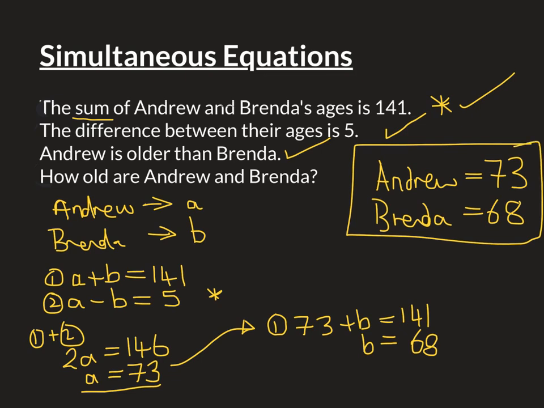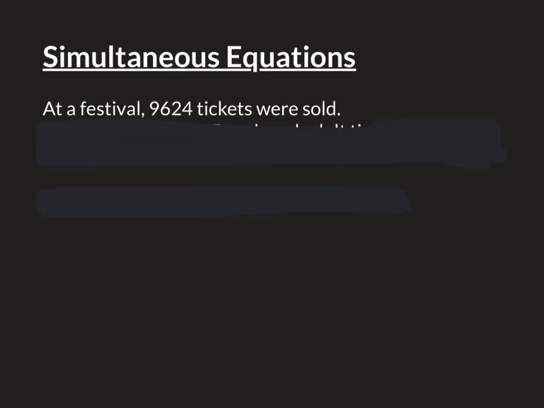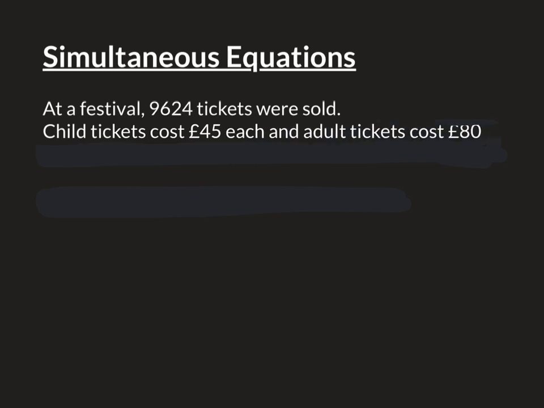Another example now. At a festival, 9,624 tickets were sold. So make sure you're writing this down. Child tickets cost £45 each, and adult tickets cost £80 each.